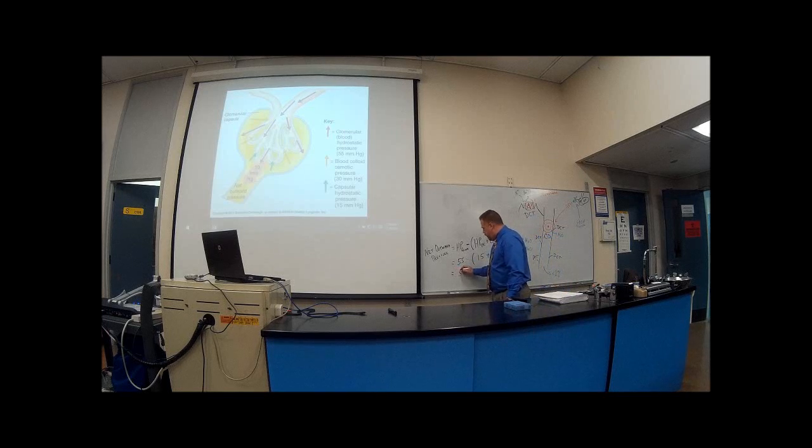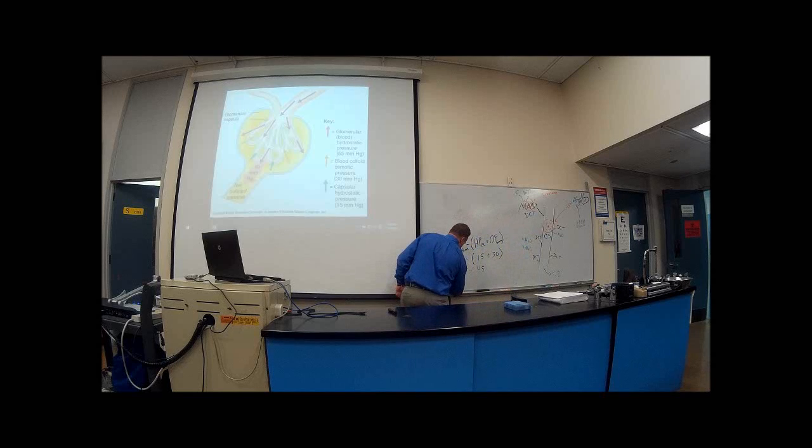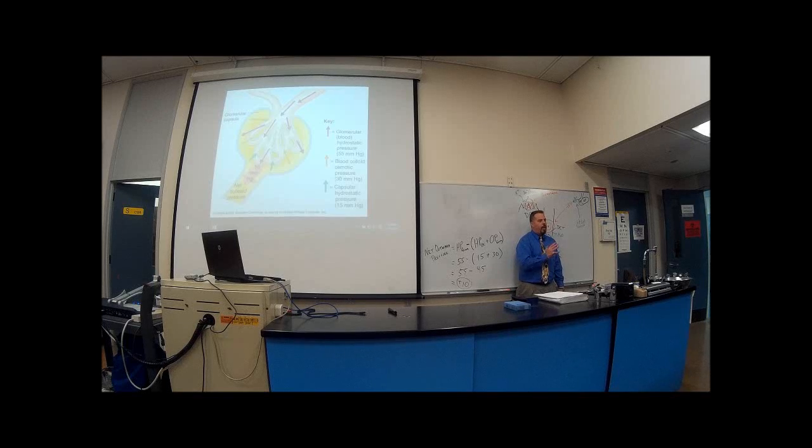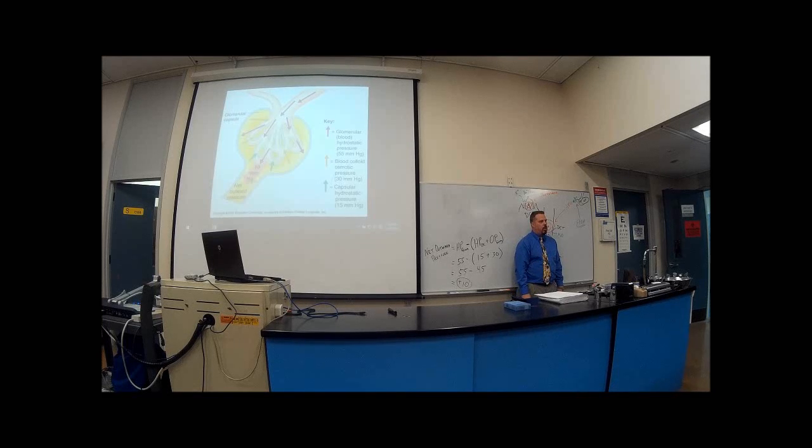Then you're going to get 55 minus 45, which means you're going to get positive 10. That positive is telling you that fluid is going through here. It's going into the nephron. Okay? Let me show you what's happening if we do different numbers. Does that make sense?